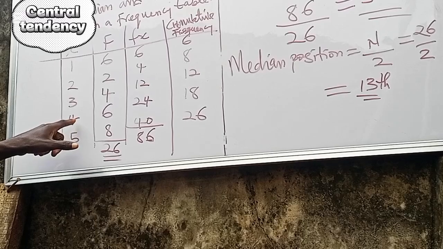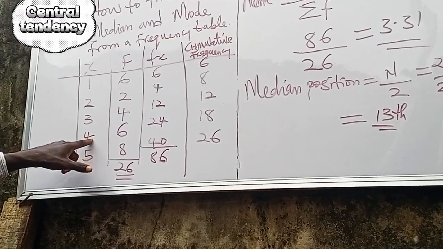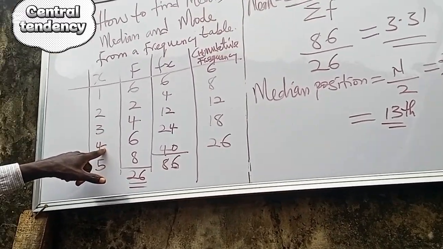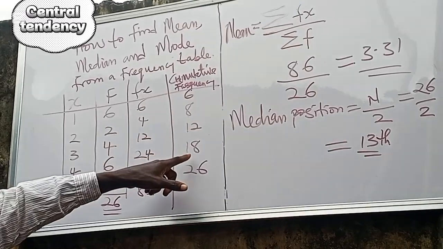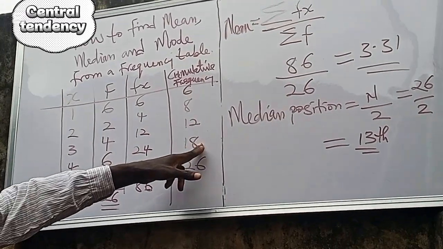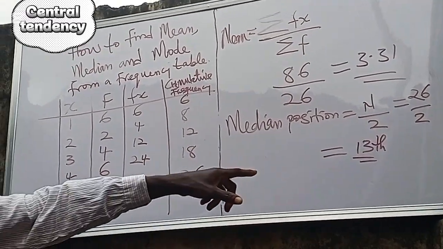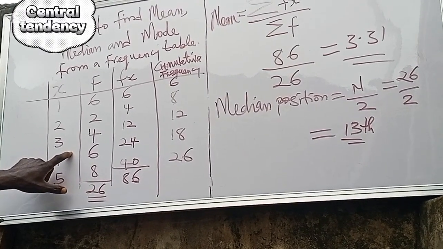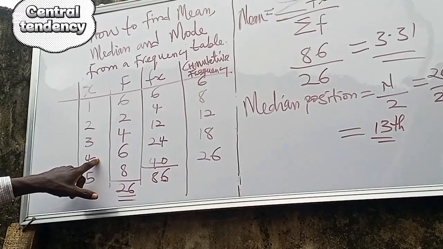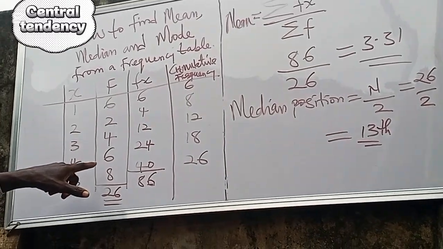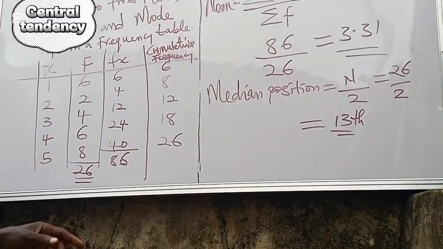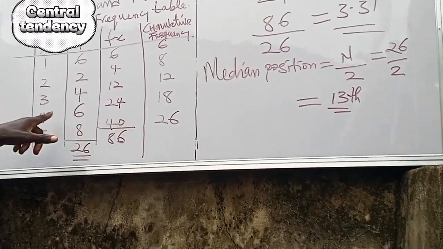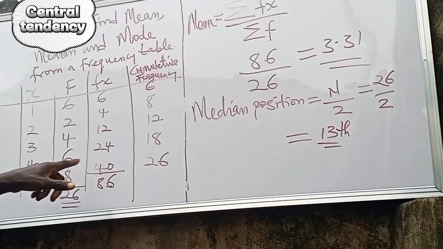So when x is 4, the cumulative frequency is 18. So definitely 13 falls in this group when x is 4.